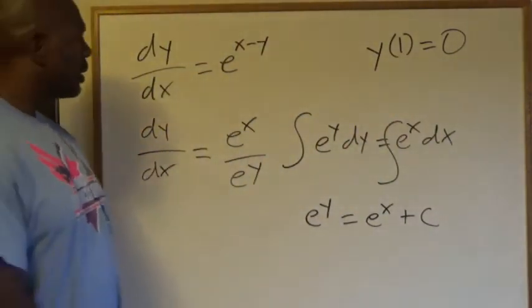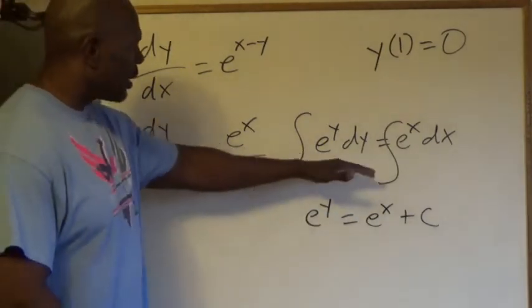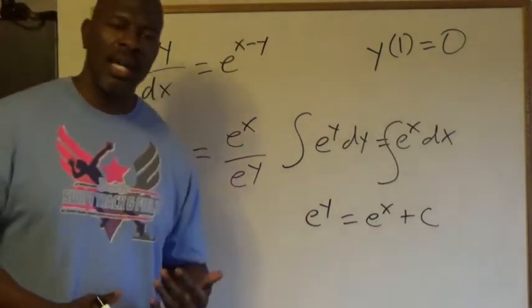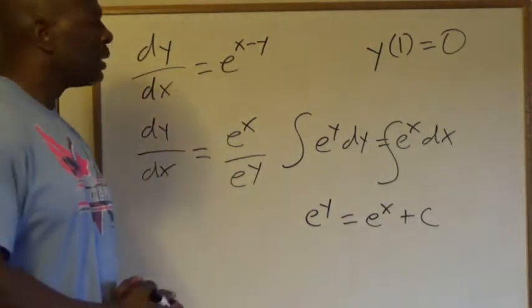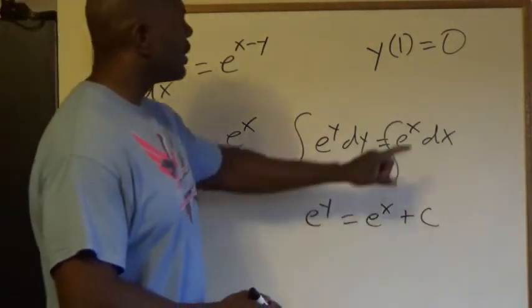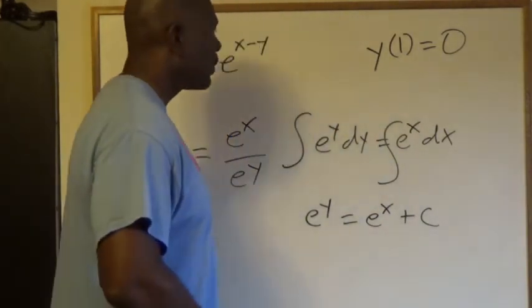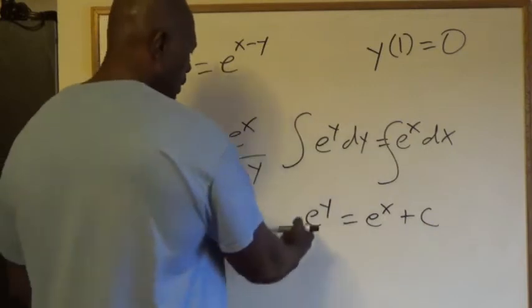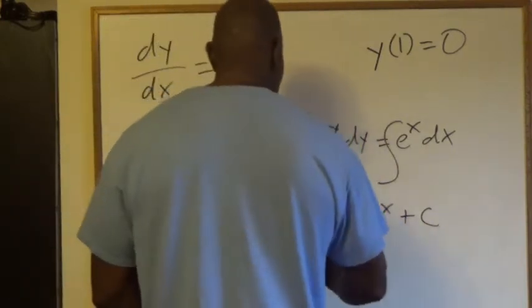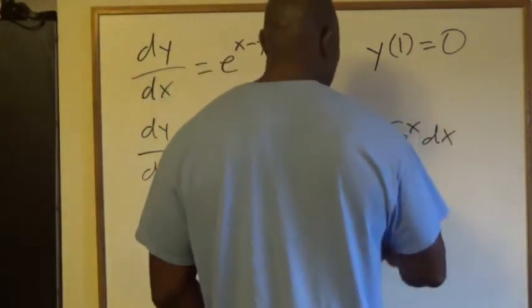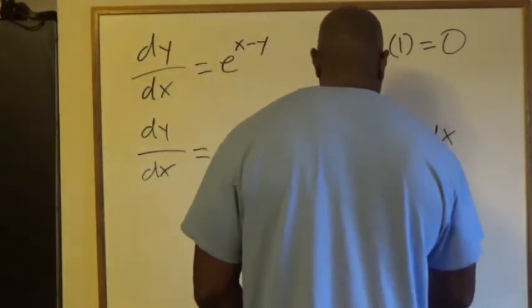So we separated, we integrated, and now we're going to find the value of c utilizing the initial condition. The initial condition is x is 1 and y is 0. So I'm going to plug in 1 for x and 0 for y. If I plug in 0 for y here, e^0 is 1. And if I plug in 1 for x, e^1 is e.